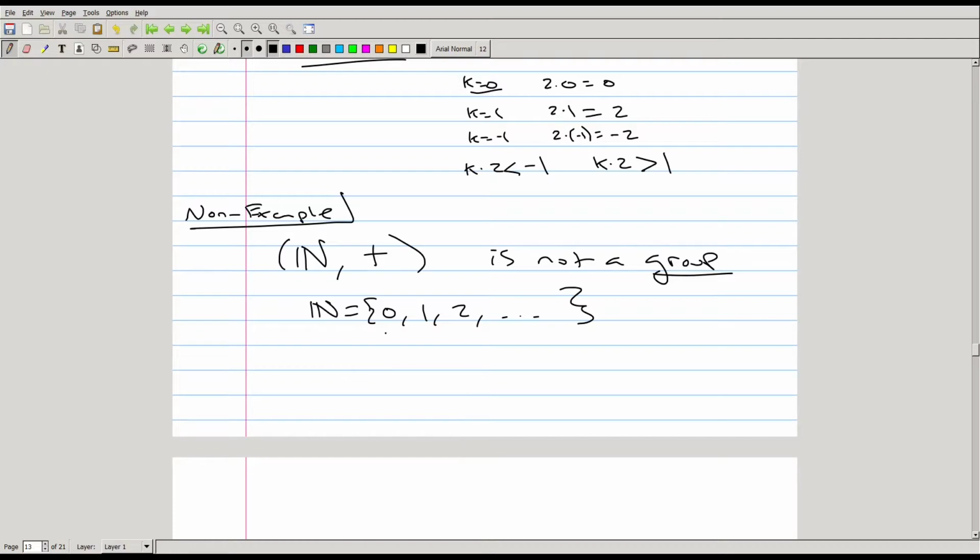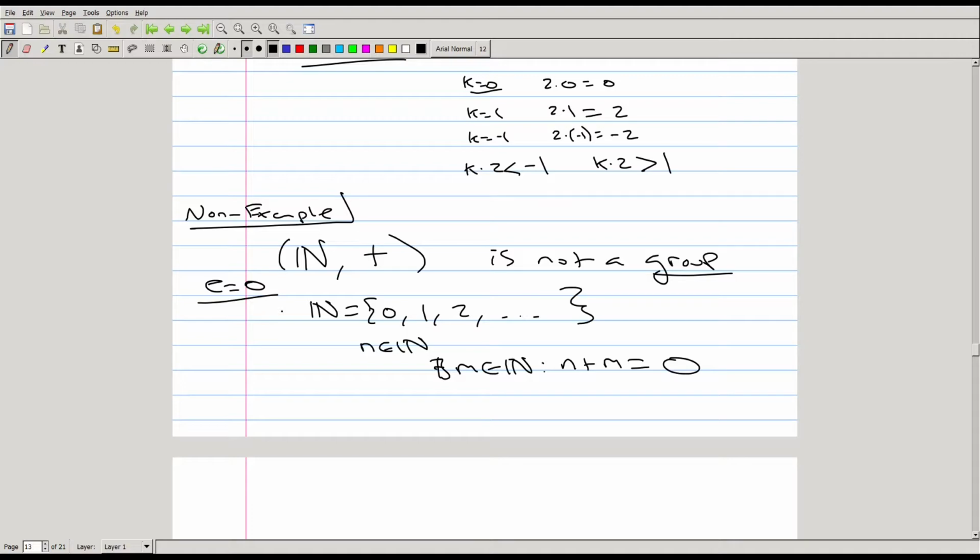For any n in the natural numbers, there exists no m in the natural numbers such that n plus m is equal to 0, where 0 is the identity element of this group.